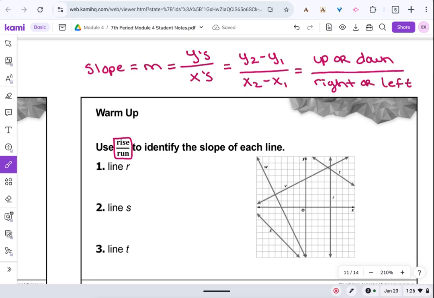Okay, so I'm going to be using these words a lot. Up is going to be in this direction. That is a positive value. So if I move up on our graph, that's a positive number. If we go down, that is a negative number or a negative direction. Right is this direction, and that's going to be positive.